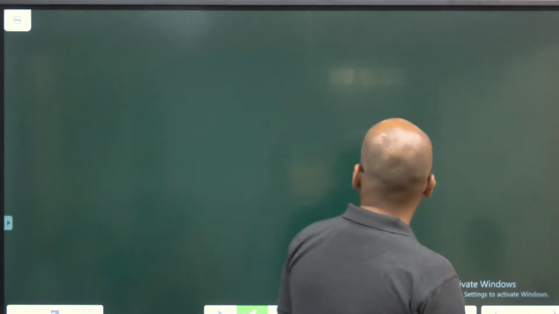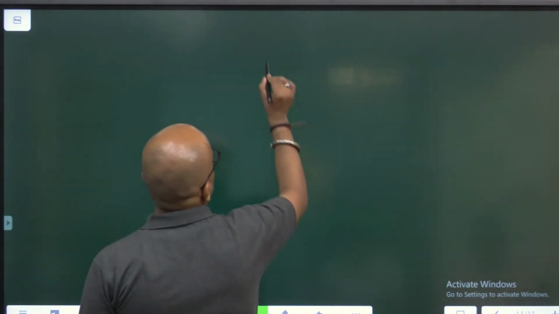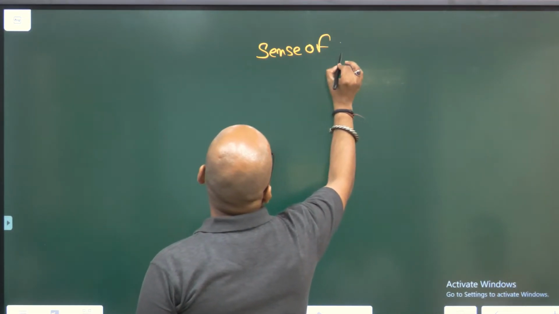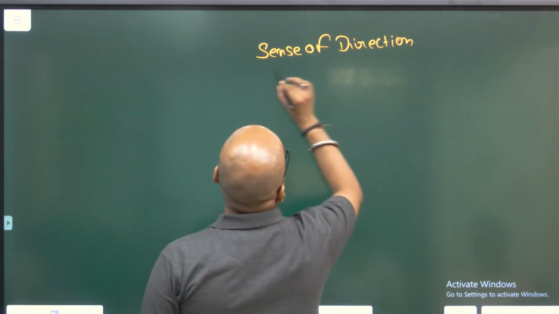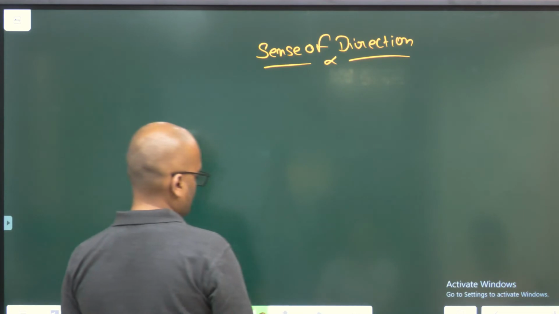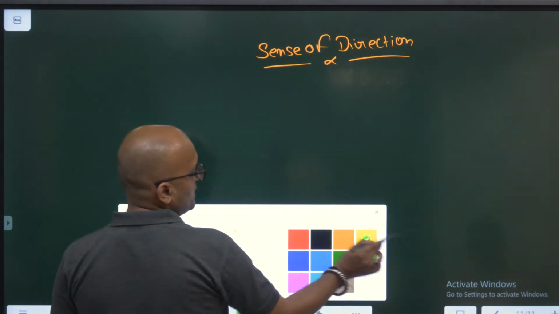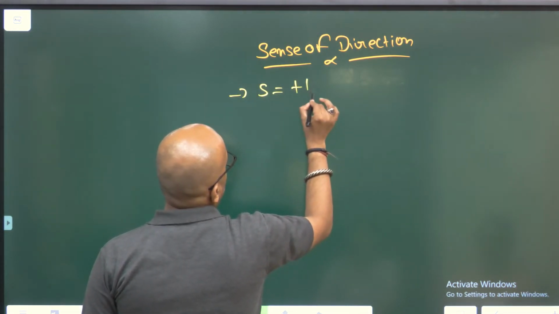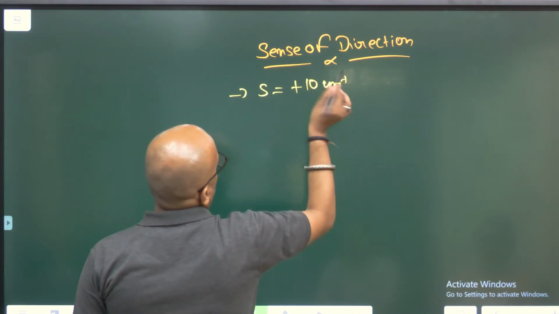Let's move on. Sense of direction. Tell me now. Suppose it is written that S is equal to plus 10 meter, centimeter, whatever the unit is.